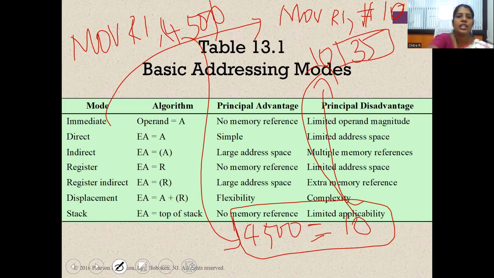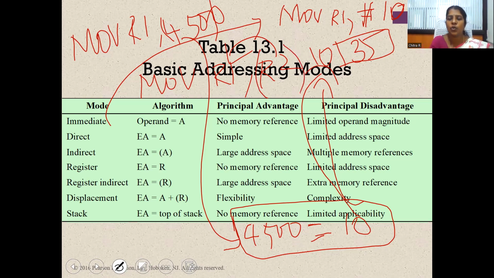Register addressing means, instead of a memory location, directly give MOVE R1, R2. The value is available in the register and that is moved to the R1 register in a single clock cycle, a single step. Easily, it can be moved from register R2 to R1. That is what is called the register addressing mode. Register indirect means here you write MOVE R1, bracket R2.